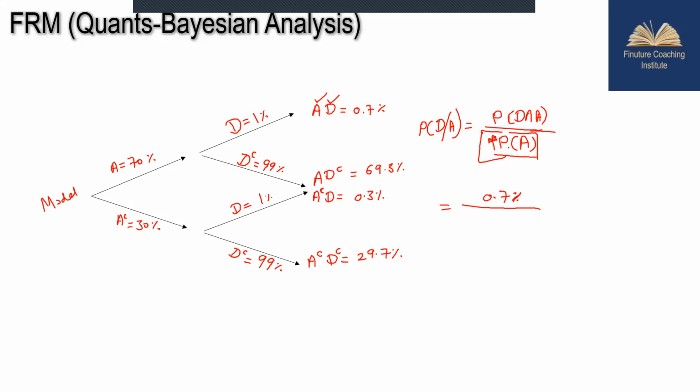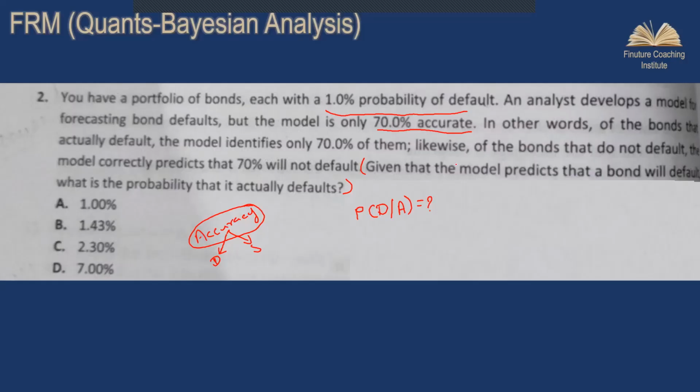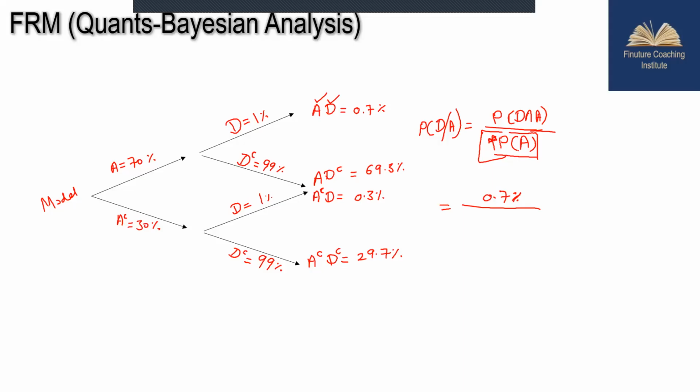So given that analyst had predicted the default, given that model predicted that bond will default, we have to find this complete probability. So when it can happen, it can happen when analyst predicted default and it actually turned out default. So this is one of the components.